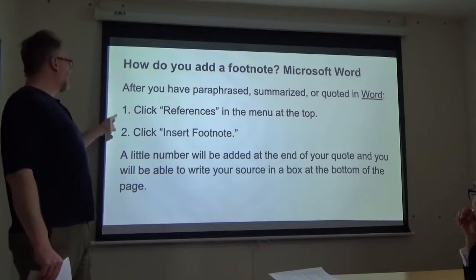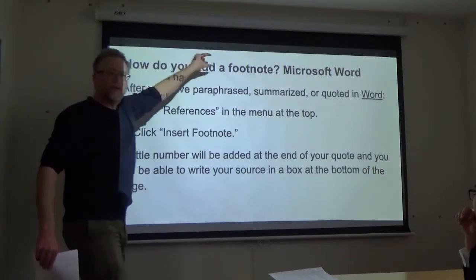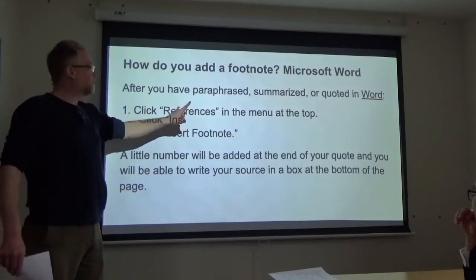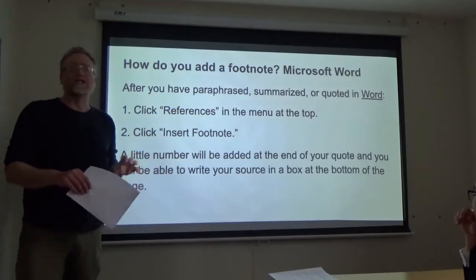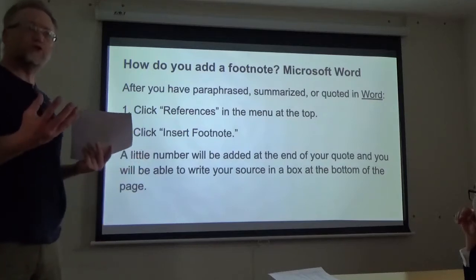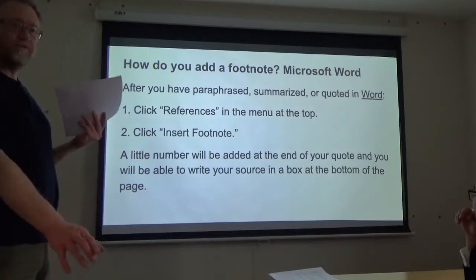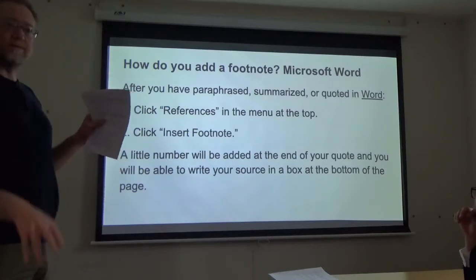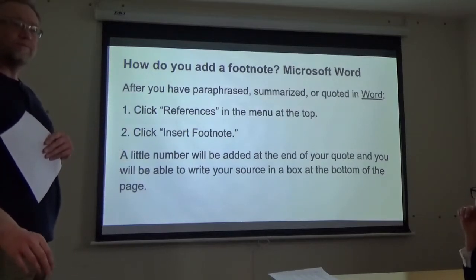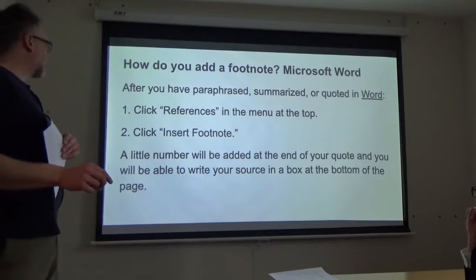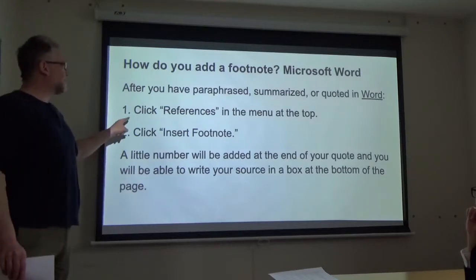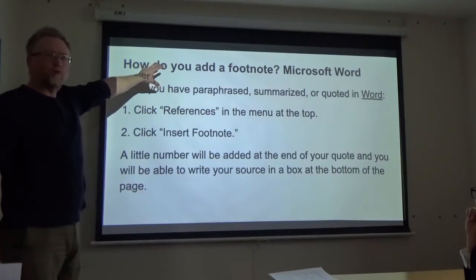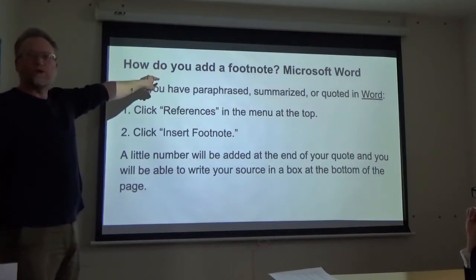But it used to be, at least, that at the very top of the page, there's something that says references, and you click on references, and it will allow you to insert a footnote at the end of your quote and at the bottom of your page. But I think I've seen it where at the top of Microsoft Word, there's something that just says footnote.